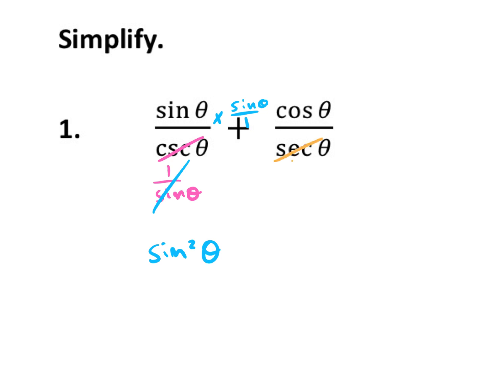So I can make secant 1 over cosine. Awesome. We would do the same thing, keep, change, flip. So keep the top, change to multiplication, flip it to cosine over 1, which would make this cosine squared.